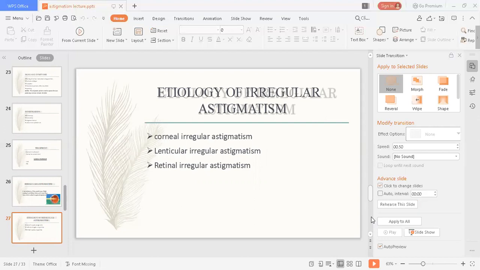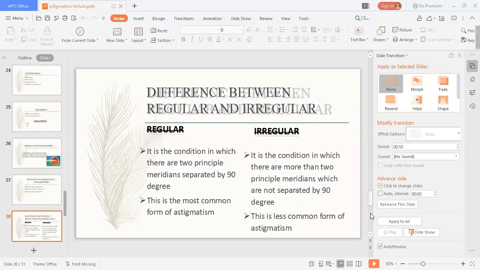That is called corneal irregular astigmatism. Similarly, if a person has retinal swelling or a retinal cyst, the refraction may vary irregularly, producing retinal irregular astigmatism. Sometimes the lens also contributes, causing lenticular irregular astigmatism.